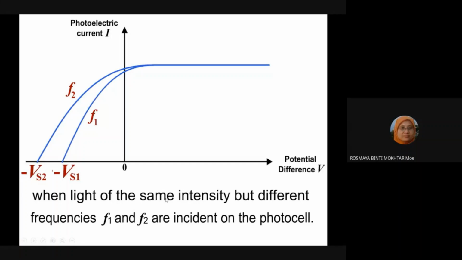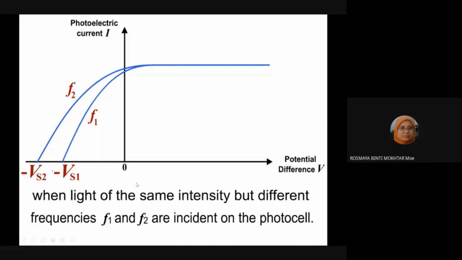What happens? We also get different stopping potential. Let's say f2 and f1, different frequency. It reaches the same maximum photoelectric current, at the same position here, but the Vs will be different. Vs is the stopping potential.